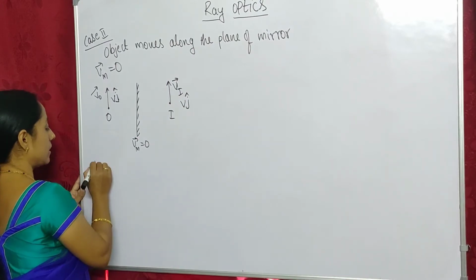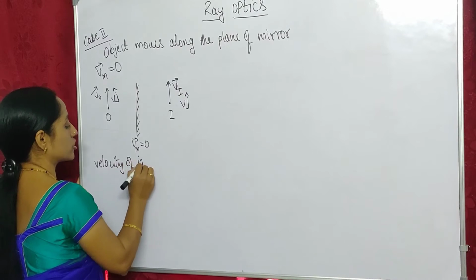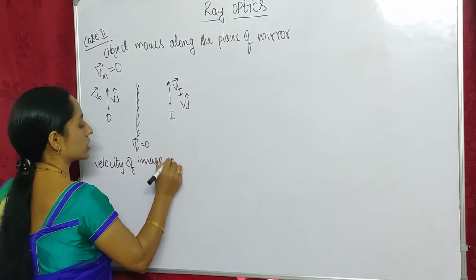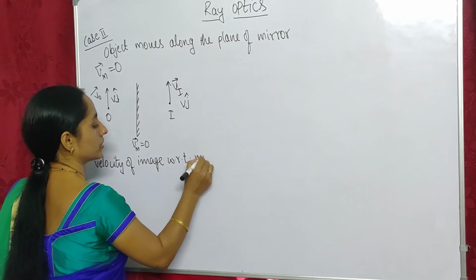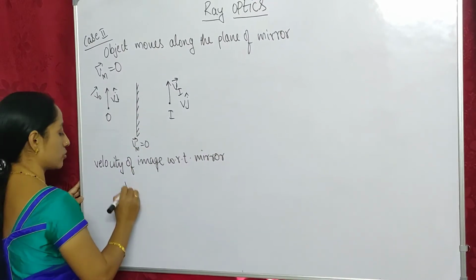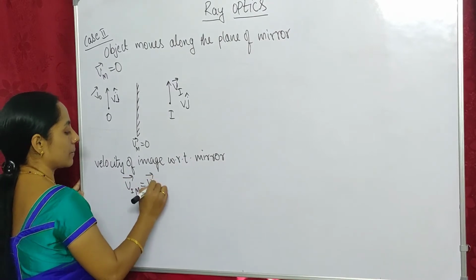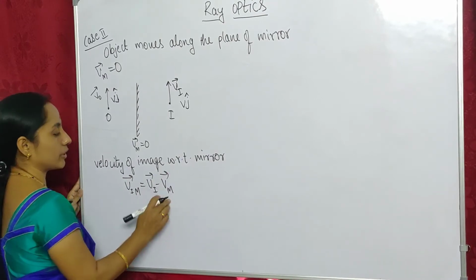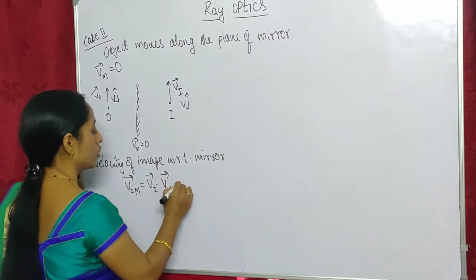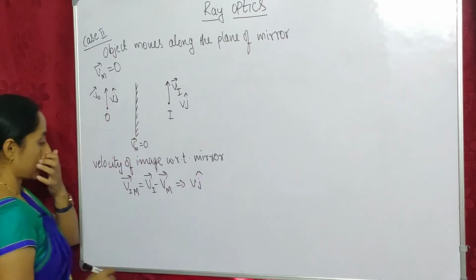Now let us write the velocity of the image with respect to the mirror. It is equal to Vi bar minus Vm bar. We know Vm bar is 0, and Vi bar is V j cap.